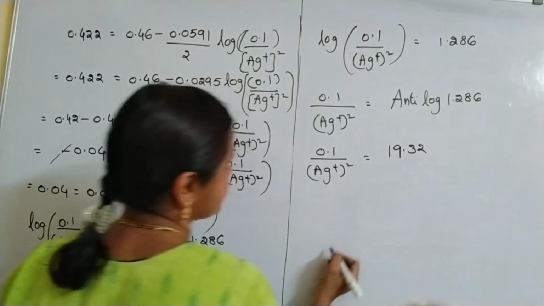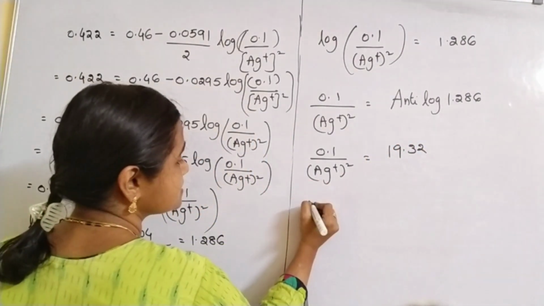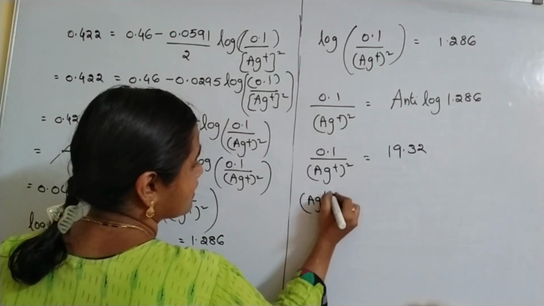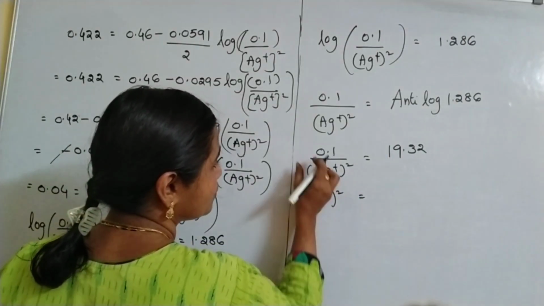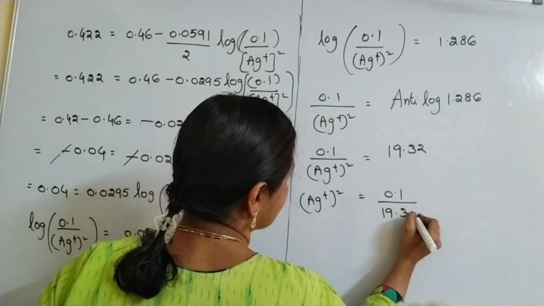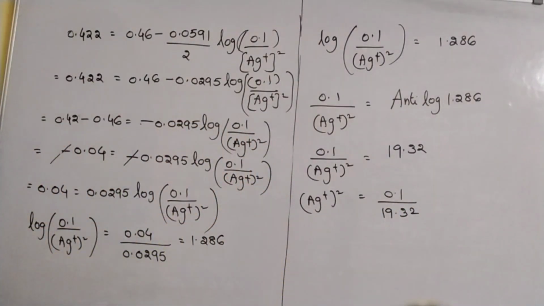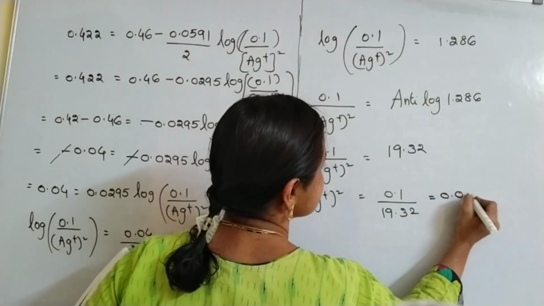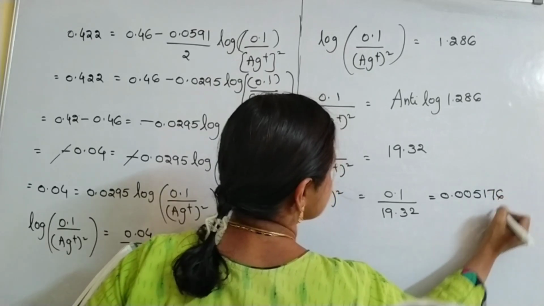You have to check this. So if you want [Ag+] whole square, you have to bring this 19.32 to the denominator. 0.1 by 19.32 is 0.005176.